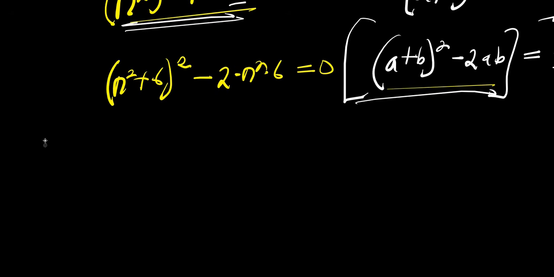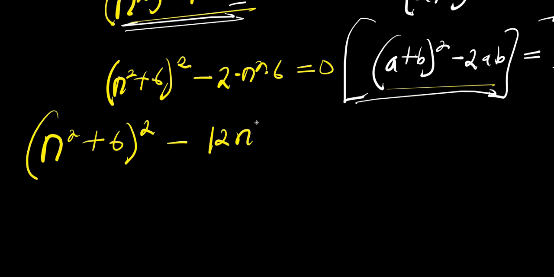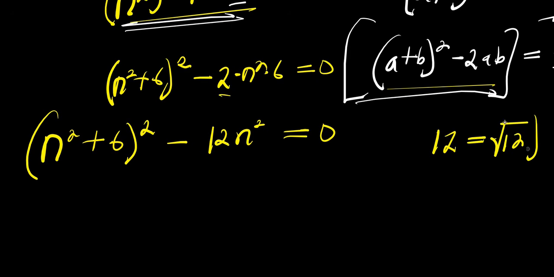So from here on, we have (n squared plus 6)^2 minus this is 12n squared equals 0, because 2 times 6 is 12. So what I can do will be to express 12 as square root of 12 to the power of 2, because 12 is the same thing as square root of 12 to the power of 2.